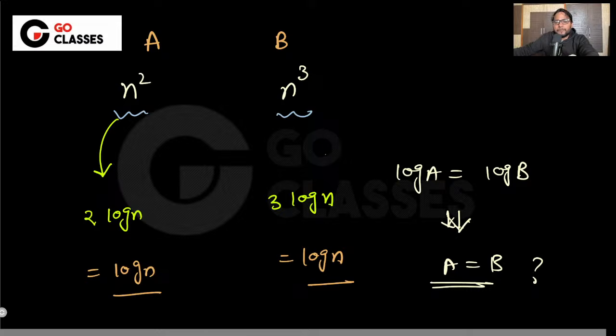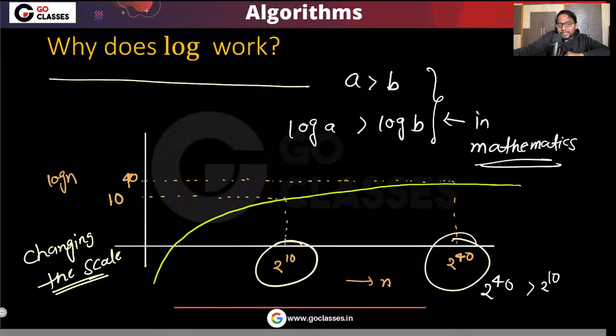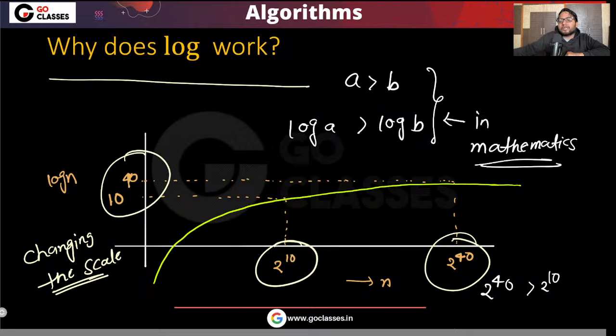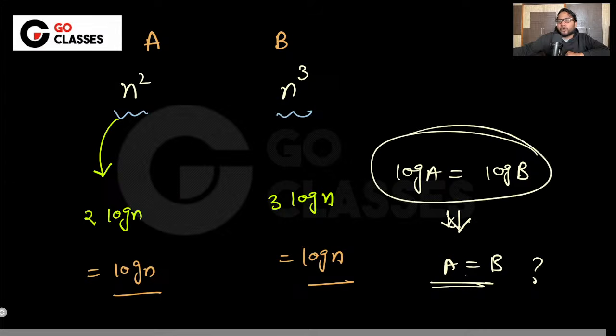See, this is some function, this is some function. Now log is doing what? Log is just changing the scale, right? So after taking the log, they got too close, that after taking the log, they're equal. But before taking the log, they might be far apart, right? So after taking the log, if you are saying that both are equal, then you can't conclude anything.